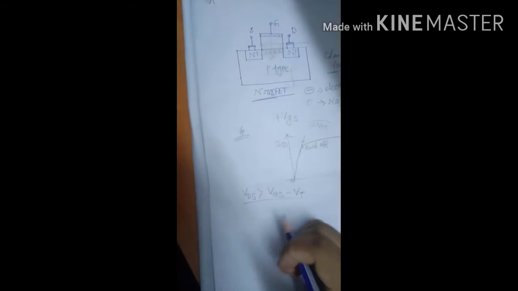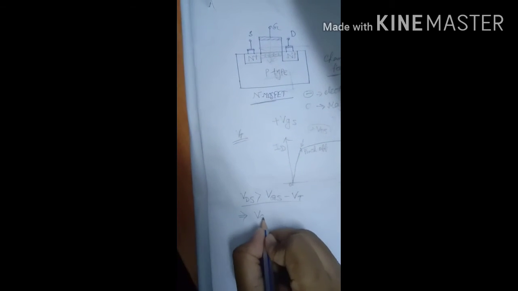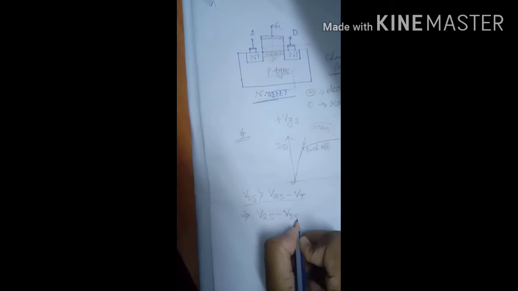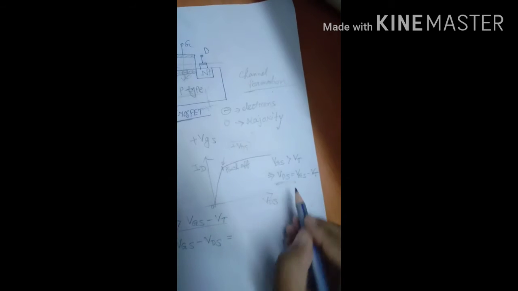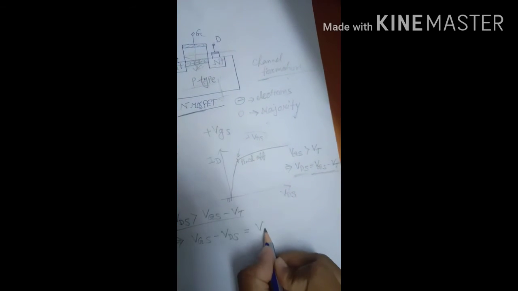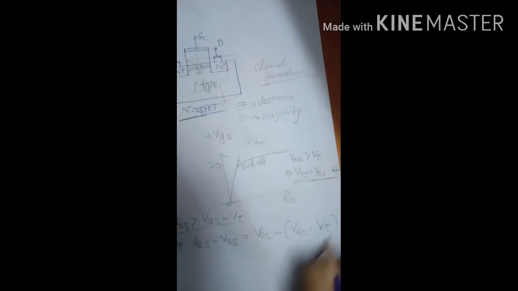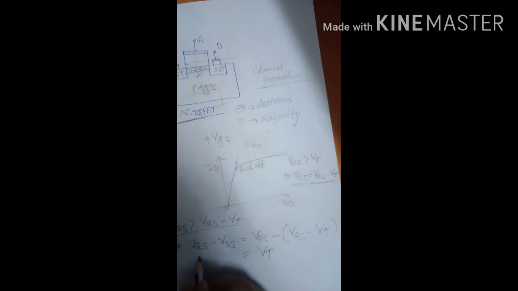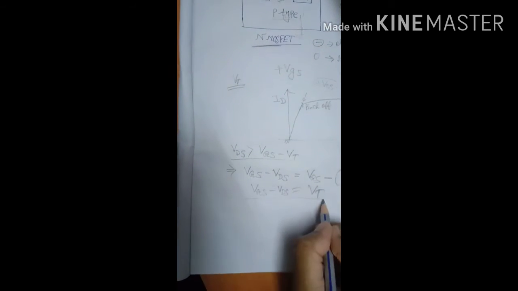So now if we write VGS minus VDS, then we know that VDS is VGS minus VT. Write down here VGS minus VT. What will we get? VT. So VGS minus VDS equals VT. That we will get.